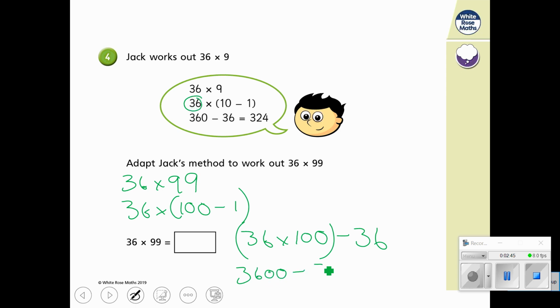I am going to subtract 36, and I know that if I had 3,600 and I was to take away 36, my answer would be 3,564, because 3,600 take away 36 is 3,564.